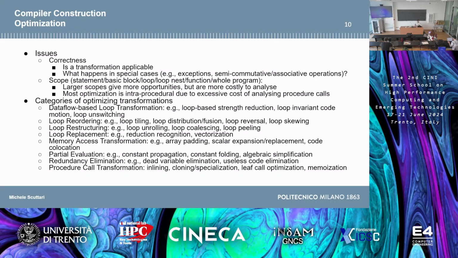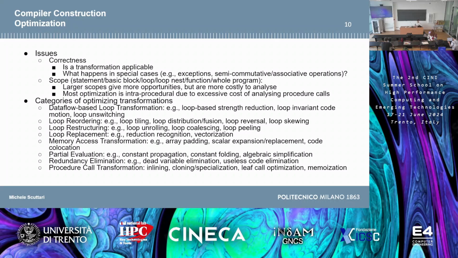Memory access transformations are used to basically pad memory in order to optimize for memory bank accesses, or to replace vectors with scalars, or the opposite, depending on the needs of your transformation. So these are all the transformations that affect loops.